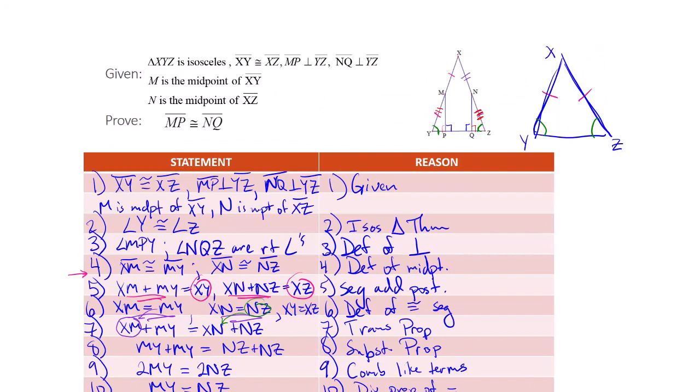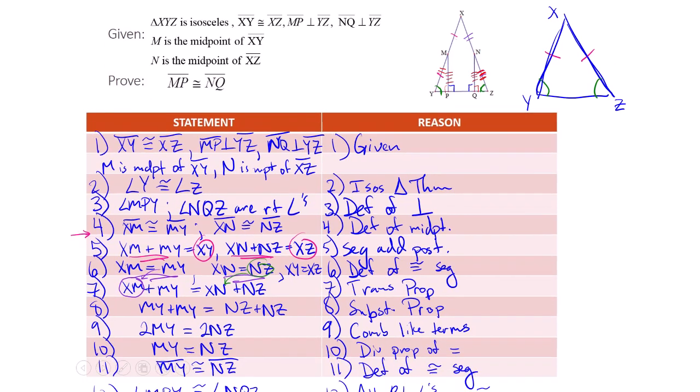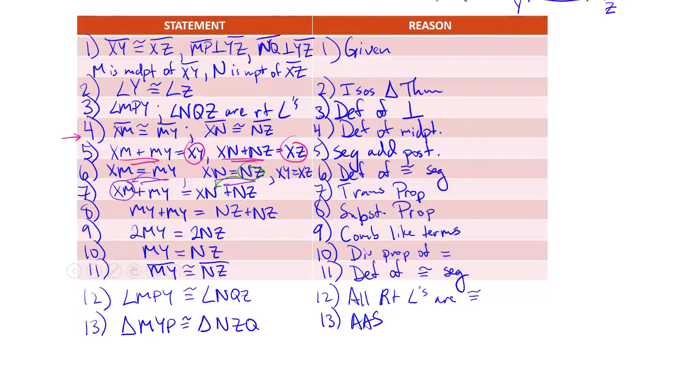And then finally, if those are congruent, that must mean the corresponding parts are congruent, right? So MP must be congruent with NQ, corresponding, and that's by CPCTC. All right, and that's it.